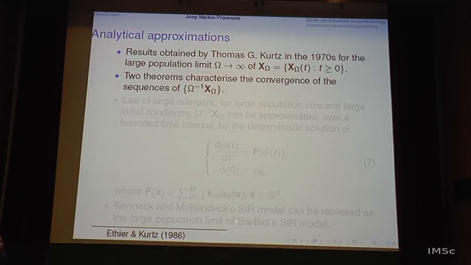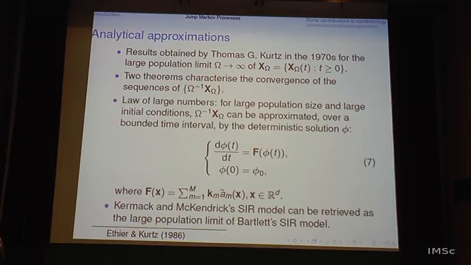As the population tends to infinity, you can derive a deterministic system that actually corresponds to the deterministic model. This is a general form. This f function depends on the jump intensity, but also remember that when you look at the deterministic and stochastic SIR models, the rates of the deterministic model are very similar to the jump intensities of the stochastic model.